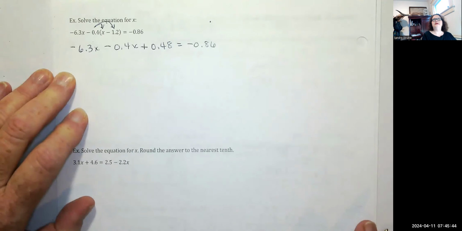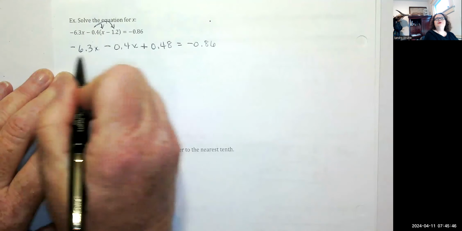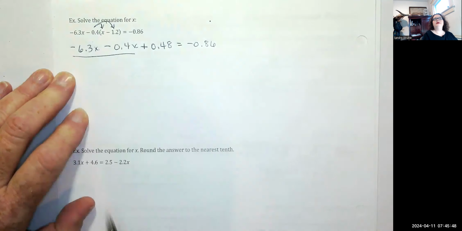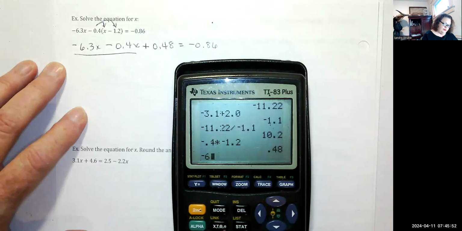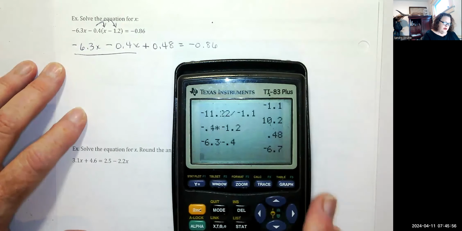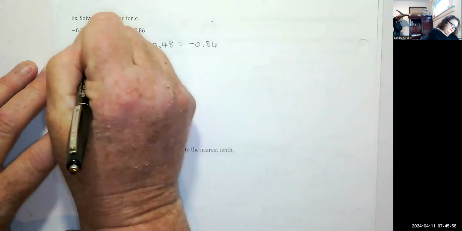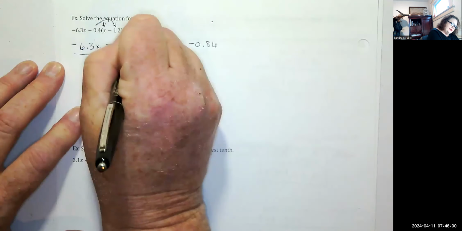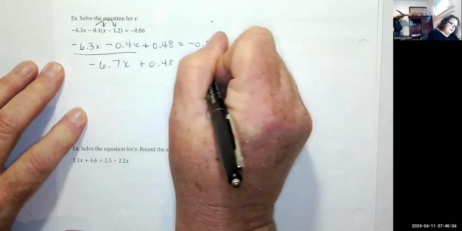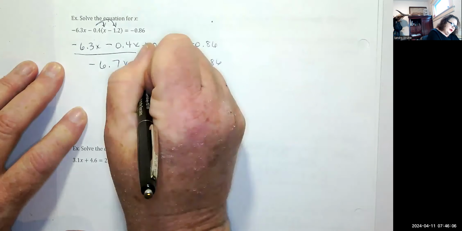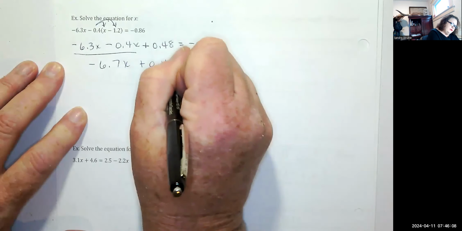Okay, what's next? Combining like terms, these two are the same, so we can combine them. Negative 6.3 minus 0.4 equals negative 6.7x, don't forget your x, plus 0.48 is equal to negative 0.86. We have to subtract 0.48 from both sides.